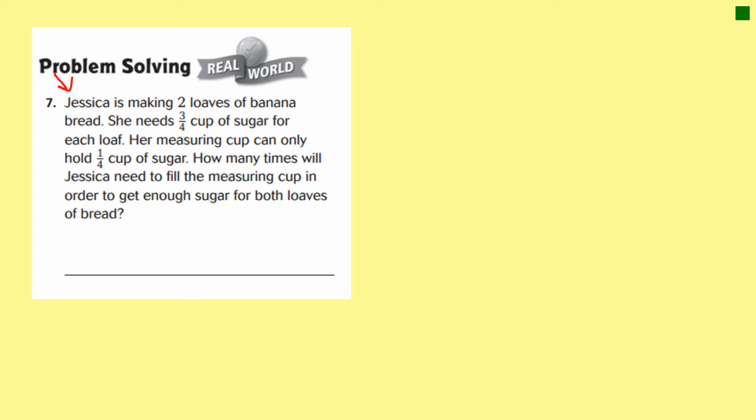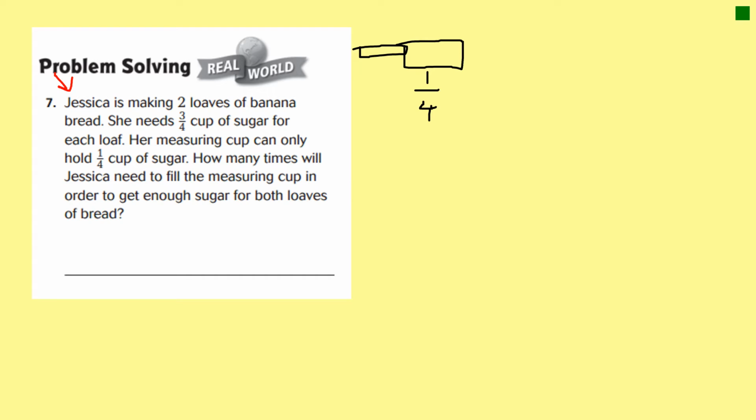Oh, so she just has this little measuring cup. Okay, let's say it looks like this, and it can only hold 1/4 cup of sugar. How many times will Jessica need to fill the measuring cup in order to get enough sugar for both loaves of bread? Ooh.